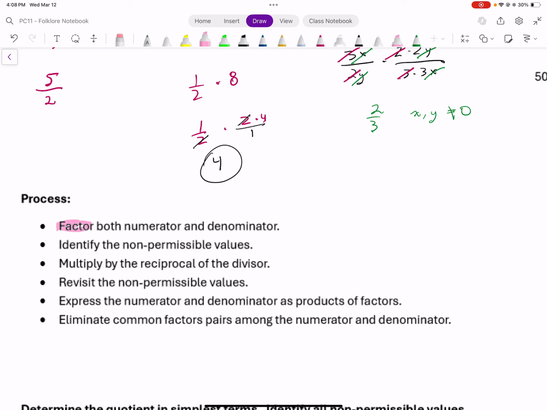And then we're going to revisit the non-permissible values. We're going to express the numerator and denominators of the products as a product of factors. And then we're going to eliminate common factor pairs among the numerator and denominator. So really, we're just going to change the question into a multiplication, but paying very close attention to the non-permissible values.